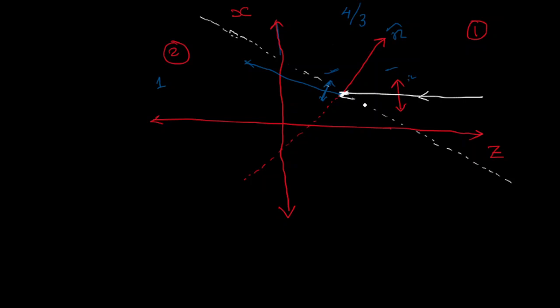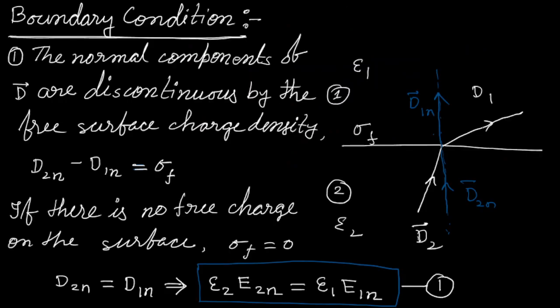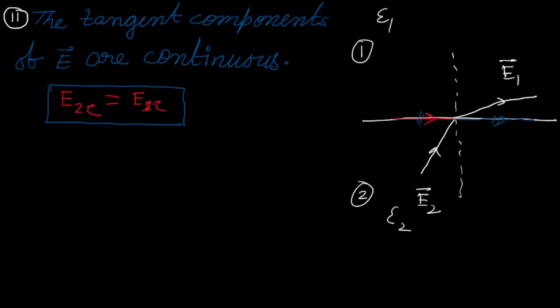And they will remain the same if I incident this electric field here, here, or anywhere on this interface. The normal component of the displacement vector will be discontinuous if there is free charge, and continuous if there is no free charge, and the tangent component of the electric field will always be continuous. So these two boundary conditions are independent of position and time.